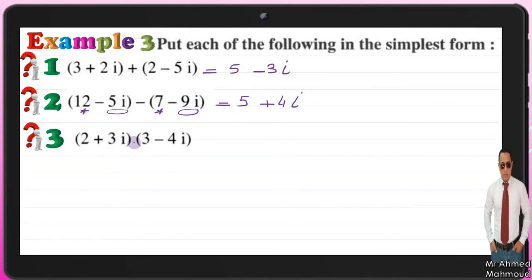Here I have to expand the brackets. How can we expand the bracket? By using the distribution method. Now I'm going to expand the first one like this: 2 times 3 and 2 times negative 4i, 3i times 3, 3i times negative 4i.